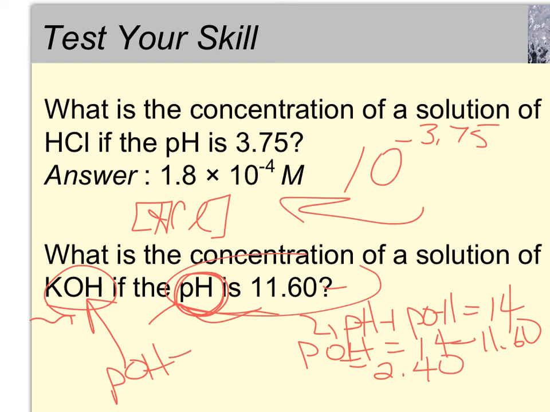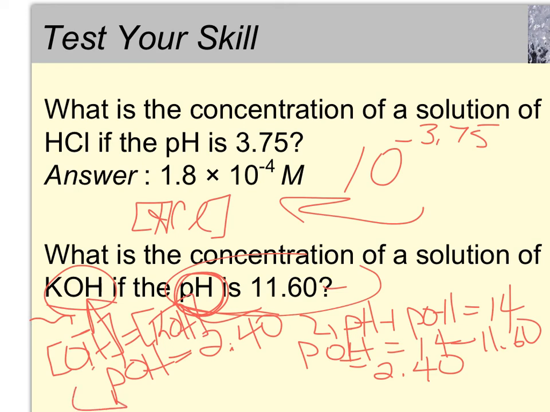Now that we have pOH of 2.40, we can find the concentration of hydroxide, which equals the concentration of KOH since it's a strong base, and those equal 10 raised to the minus 2.40.